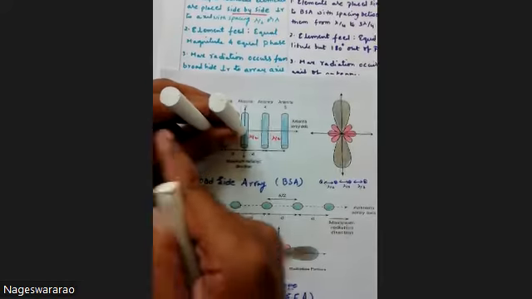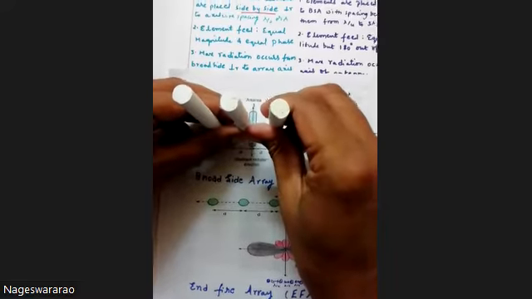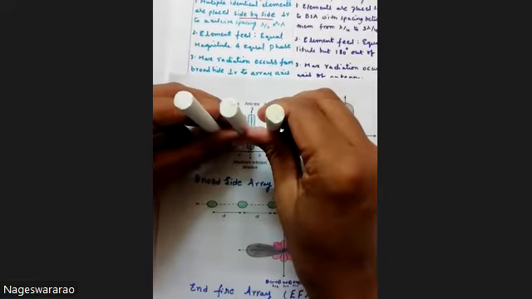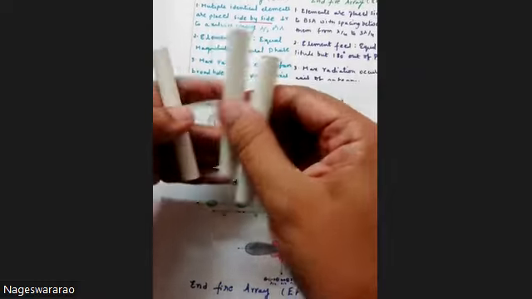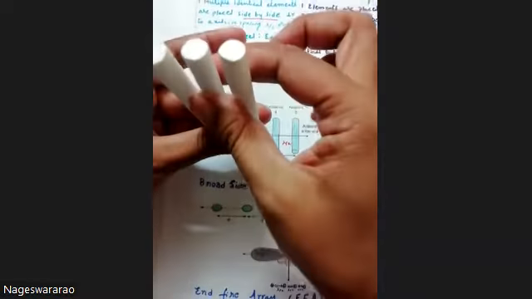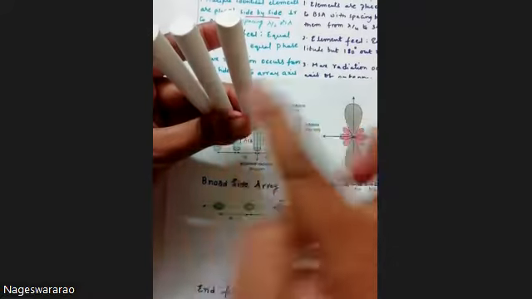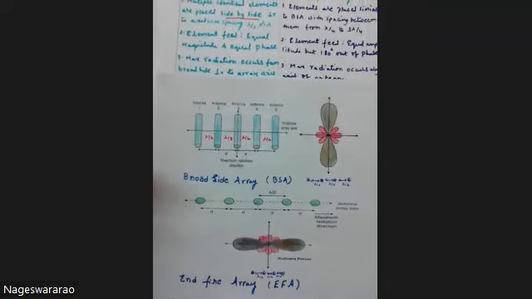You can observe clearly, if this is the axis of antenna, these elements are exactly perpendicular towards the axis of antenna, right? So when we go with this type of arrangement, we call it a broadside array, where your antennas are perpendicular to the axis of antenna, and the spacing can be either lambda by 2 or lambda.